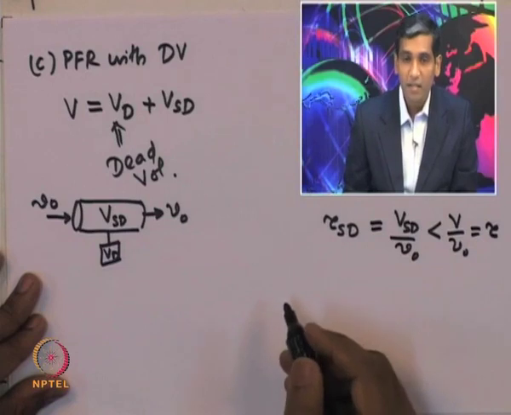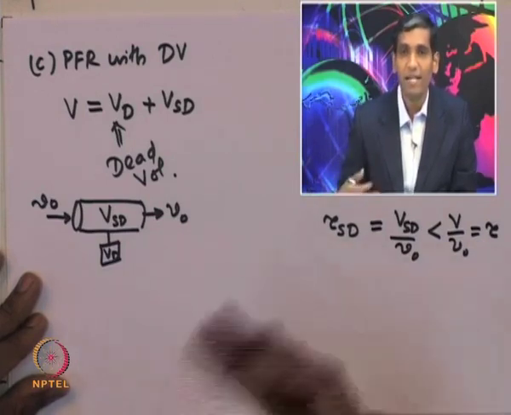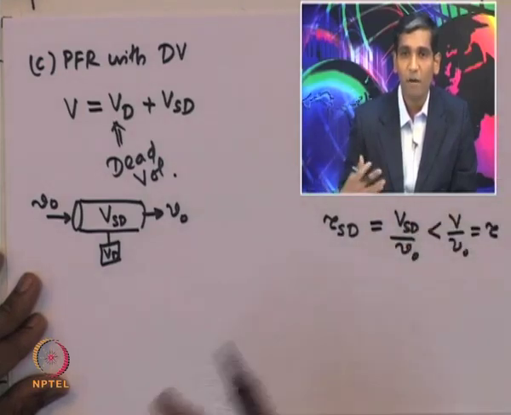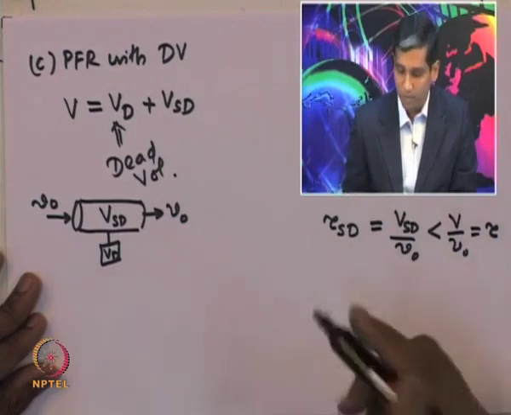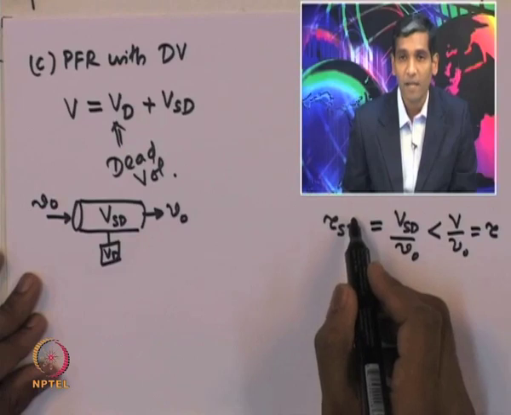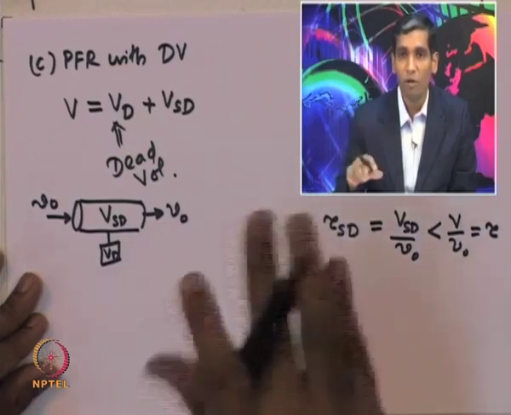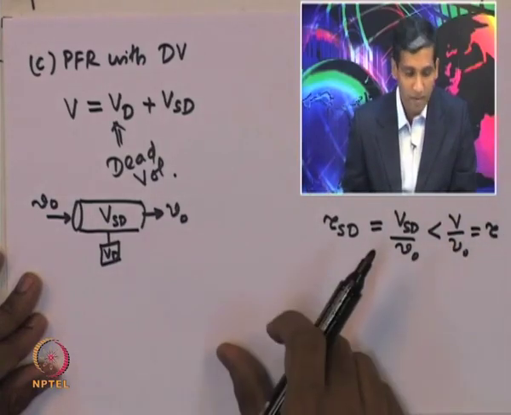So, in this case the tracer will leave the reactor early because some part of the reactor is inaccessible, and so the space time based on the volume which is available in the reactor is smaller than the actual space time of the reactor.